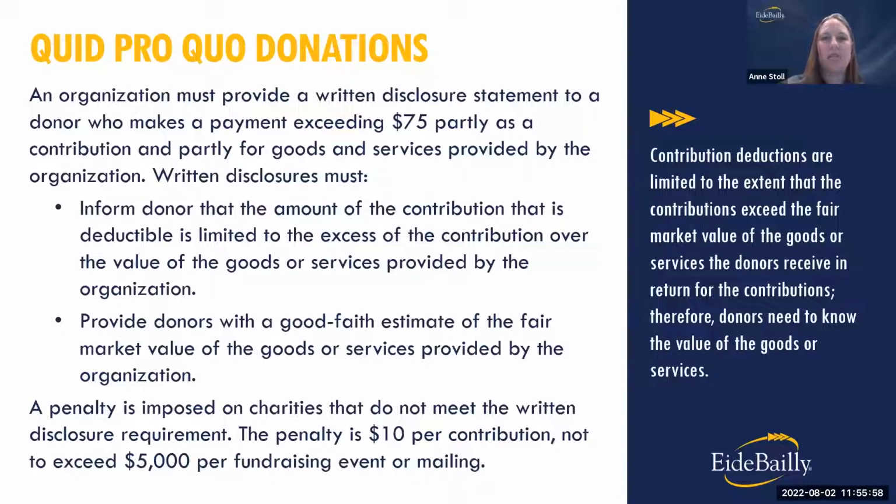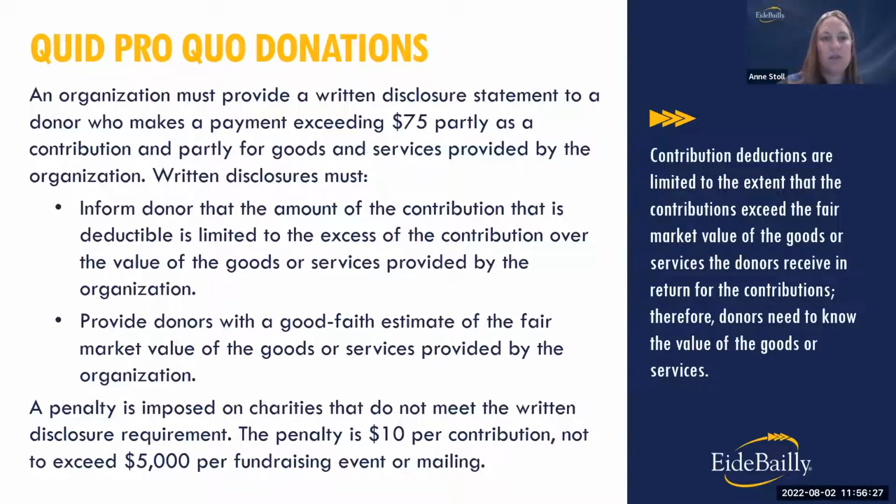You do have to have written disclosure if you have a payment of more than $75 that is being made partially for receipt of goods or services and partially as a contribution. This written disclosure must inform the donor that the amount of the contribution is limited to the excess of the contribution over the value of the goods or services being provided by the organization.